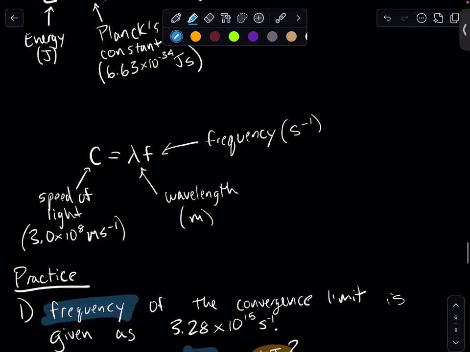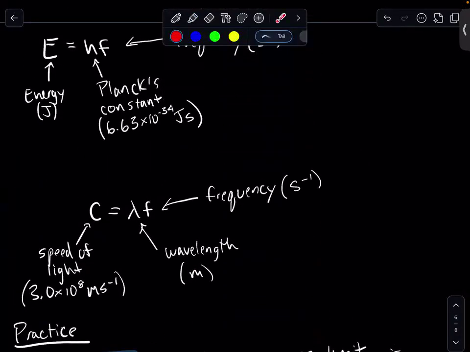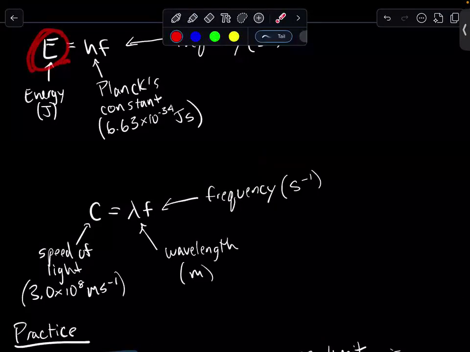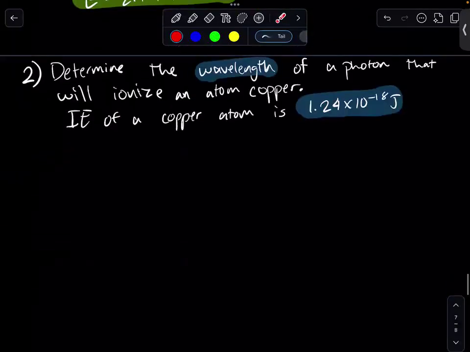If I go up to my equations, I'm given the energy, so I must start with this equation. However, wavelength is in another equation. The combining unit is frequency. So I'm going to solve for frequency and then apply it to the other equation. This is the part where HL really is just a lot of algebra more than anything else, so you're going to have to get used to it a little bit. Energy equals h f.